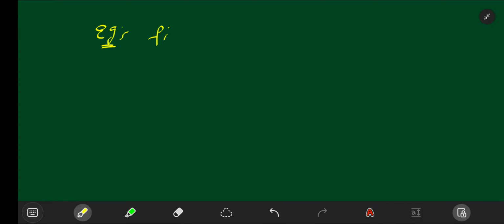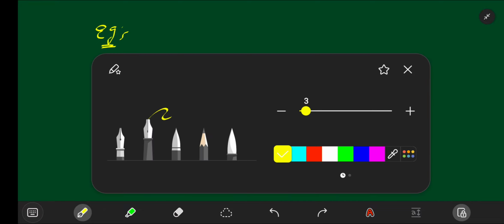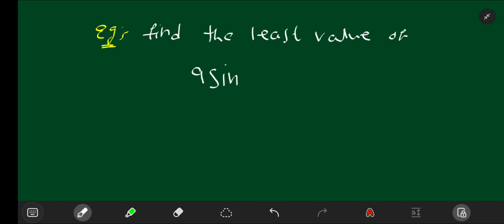Find the least value of 9 sin square theta plus 16 cos square theta.